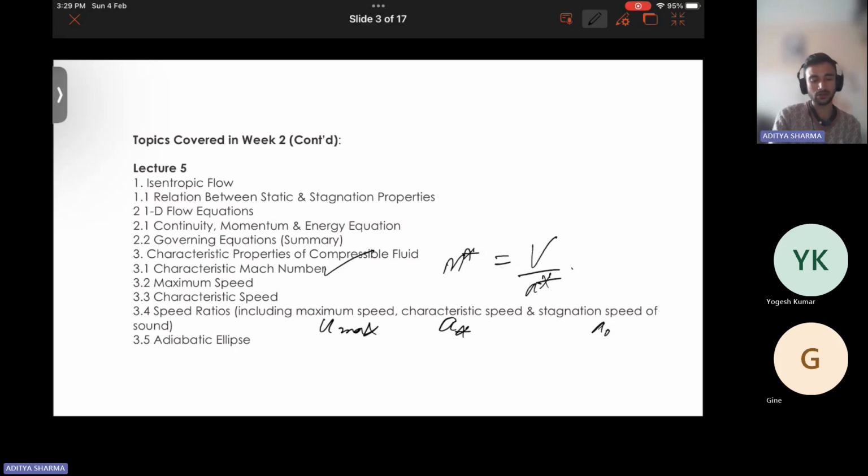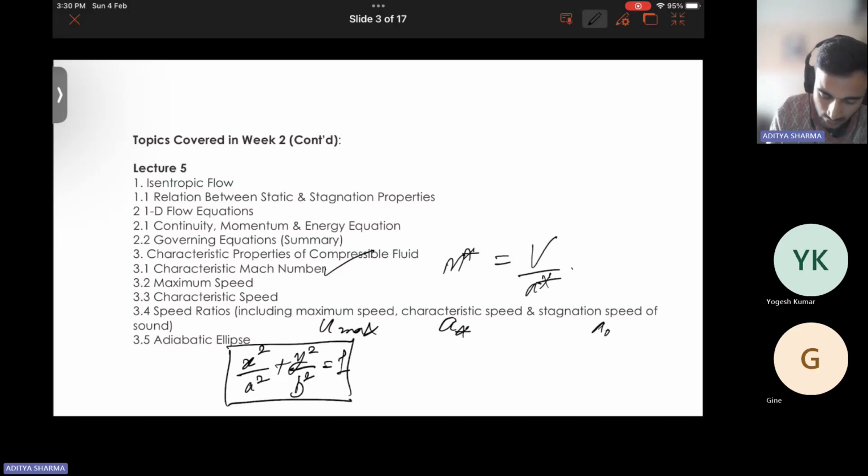And then there was the adiabatic ellipse. As we have studied in our earlier classes, this equals 1, and this is the equation of an ellipse, if I'm not wrong.